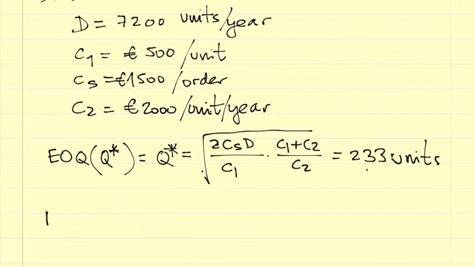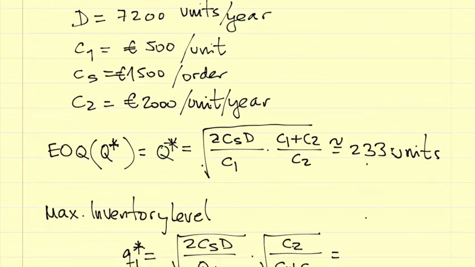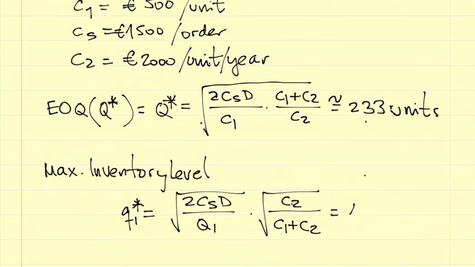So the maximum inventory level Q1 star equals CS times D divided by Q1 times C2 divided by C1 plus C2. This is approximate, okay. And this is around 186 units.